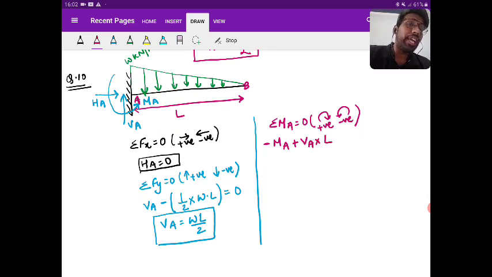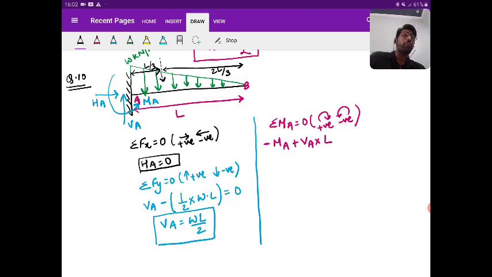Then UVL is there. I already told you whenever UDL or UVL is there, you have to take the concentrated load passing through the centroid and look at the distance. The distance is L by 3 from base and 2L by 3 from vertex. Yes or no?